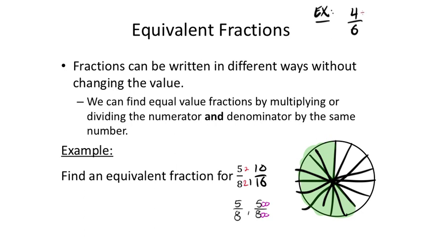Here, we can divide both of these by 2 this time. And it will give me a fraction that has exactly the same value, but it will look different, because now 4 divided by 2 is 2, 6 divided by 2 is 3. And so these 2 fractions, 4/6 and 2/3, have exactly the same amount of pizza. They're just shown differently. The sizes of the pieces are different, but overall you still have the same amount of pizza.